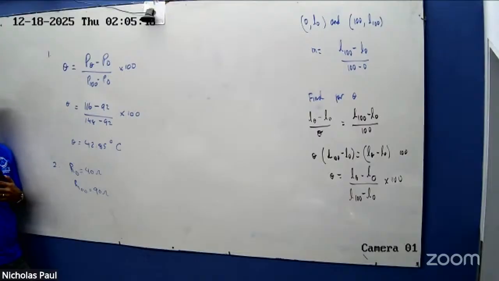The resistance of an unknown temperature is 30% of the way from R0 to R100.